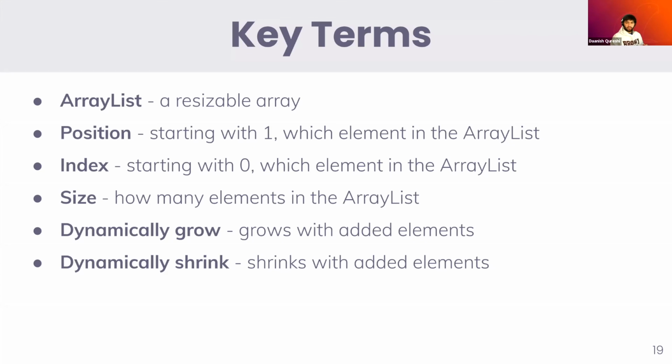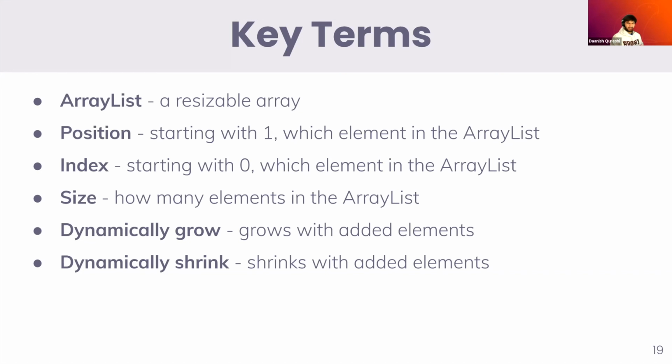But as we saw, array lists are much better since they can dynamically change, and you can add and subtract. So that's how I defined it. And a position, so you start with 1, and it's whichever element it is. As Bashar showed in his example, in his array list, he showed the indexes, but when he returned the size, it showed the last position.